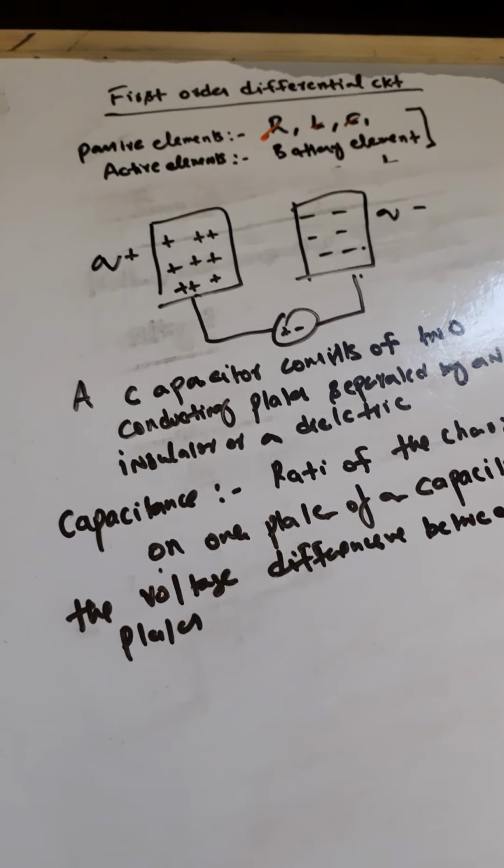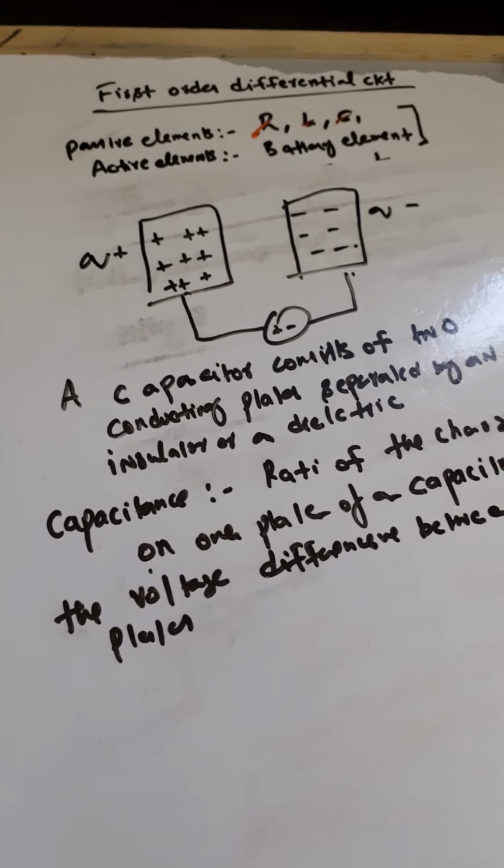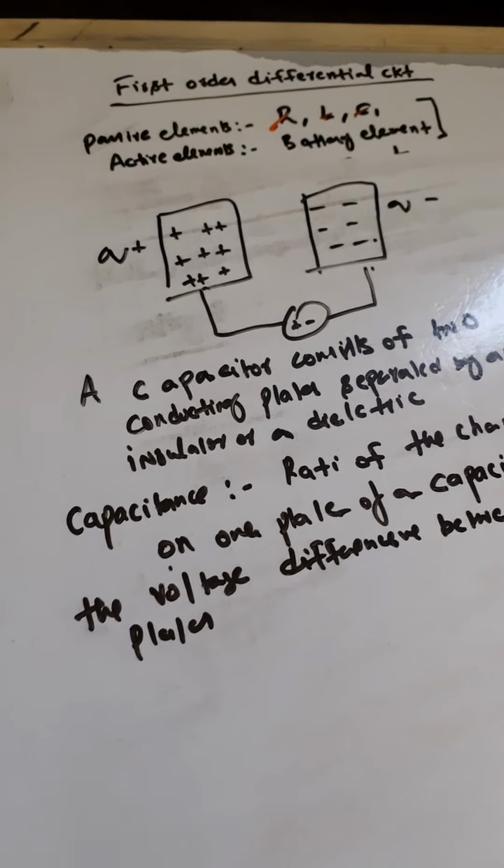The capacitor is said to store electrical charge. The amount of charge stored is represented by Q, and from this definition Q is directly proportional to V. So Q is equal to CV, where C is the constant of proportionality, also known as the capacitance of the capacitor, and the unit of capacitance is farad, in honor of the English physicist Michael Faraday.